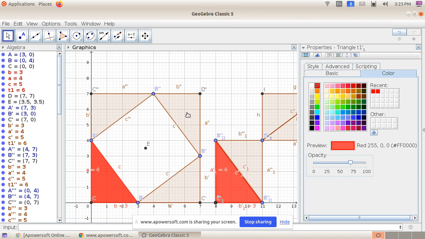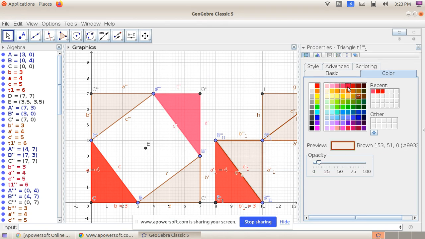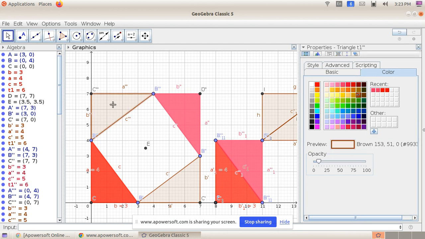Again, suppose this one, having a similar color. I'm going to give again this one a similar color. Now this one I'm going to give some green color.